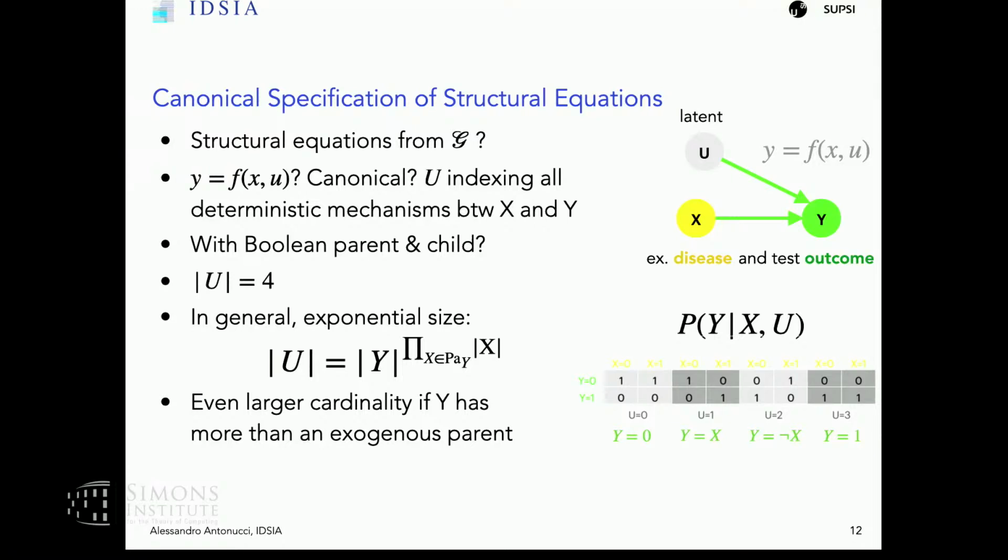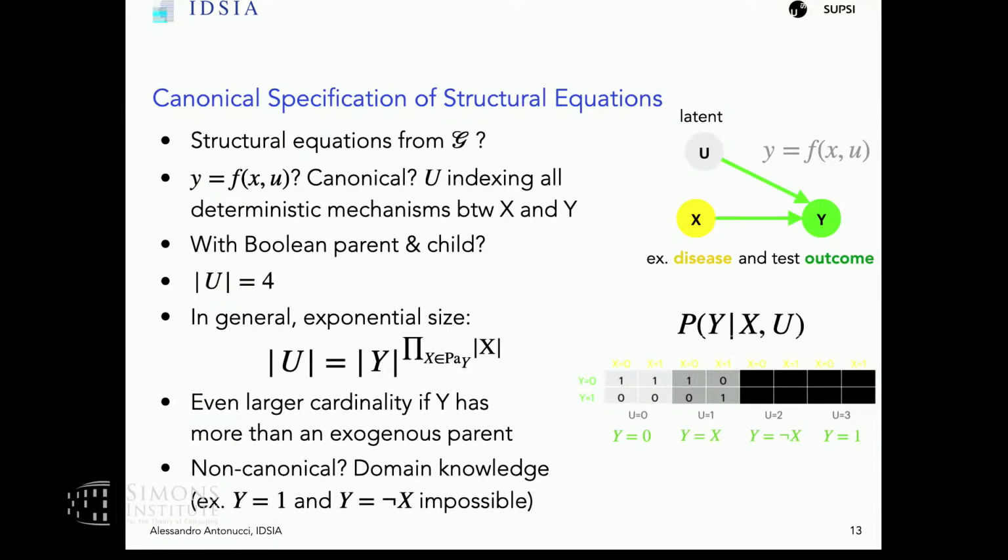This is what we call the canonical specification of the structural equation. Of course, if the model has many parents, the cardinality of U you need to enumerate all the possible mechanisms grows exponentially. So this can be an issue. But let me also say that if you have some domain knowledge about the system, you typically discard some of the possible mechanisms.